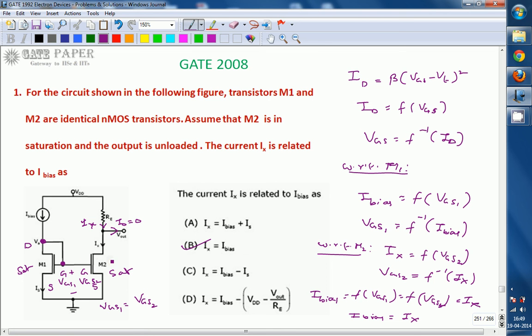Both are identical transistors and both are in saturation, and in saturation the output current depends only on the input voltage. If you give identical transistors the same VGS, they have to produce the same output currents. As you are giving the same gate to source voltage, both transistors should produce the same currents. That implies Ix must be equal to I bias. In this way also you can tell easily. This was the mathematical way of proving. So the right option for this question is Ix is equal to I bias.